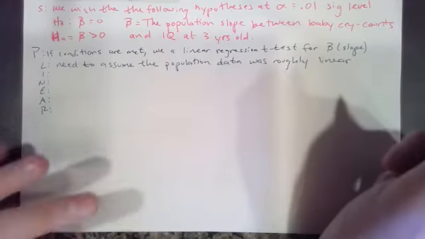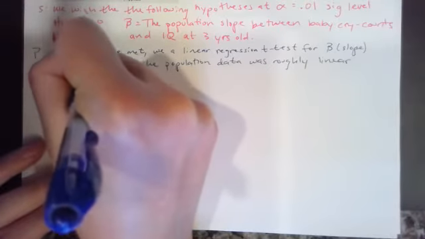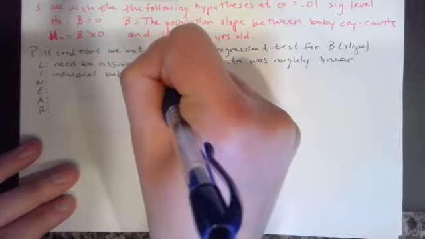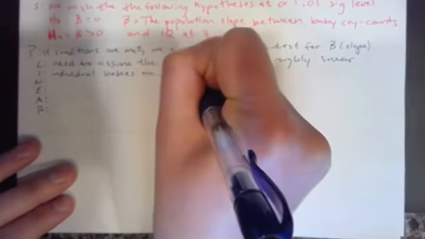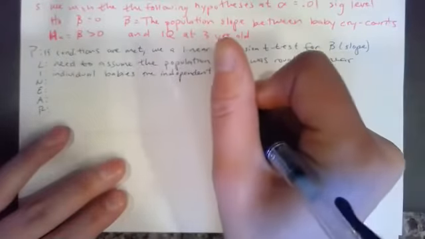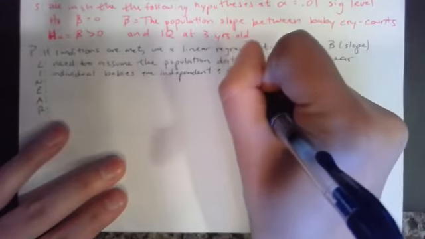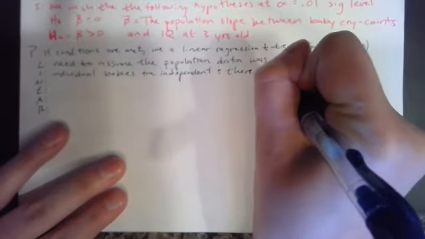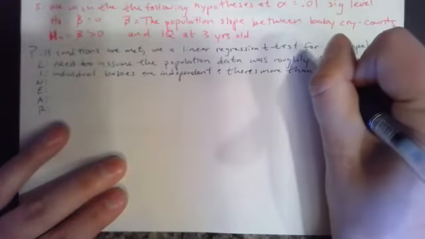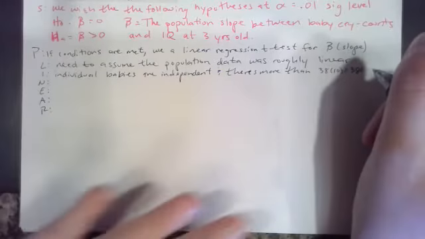We can assume that individual babies are independent, like their IQ and cry times aren't going to influence each other. And there's more than 38 times 10 equals 380 babies.